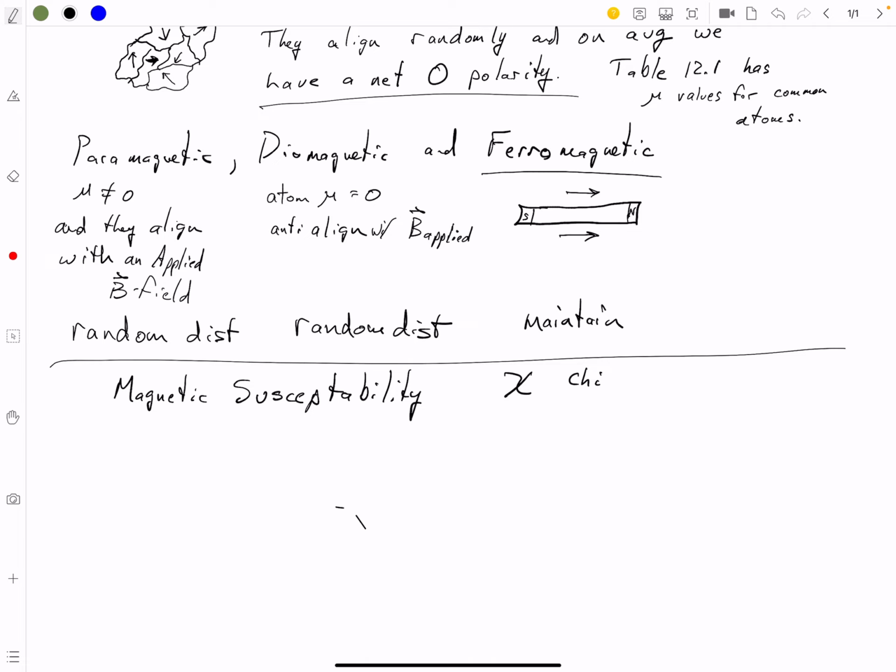And adding two B fields together, so we'll have a B field that we apply, and we'll have the B field for the magneton or whatever will give us a net B field.